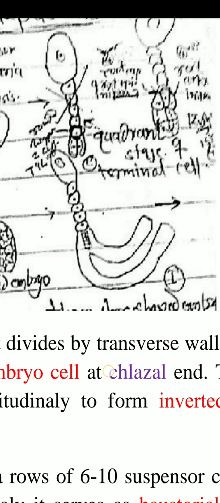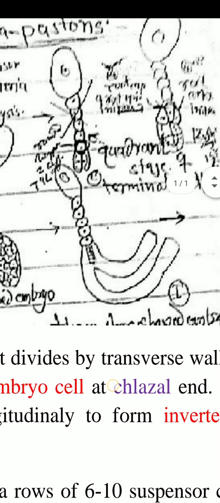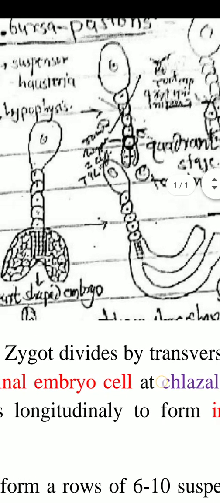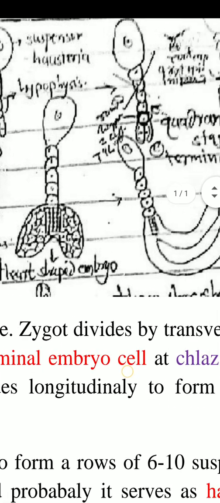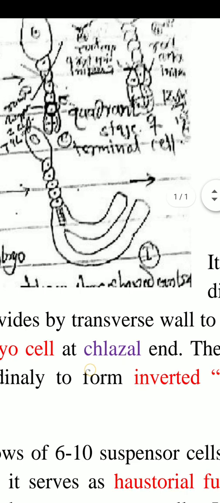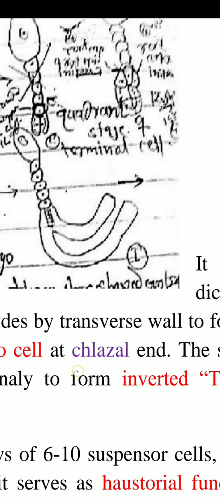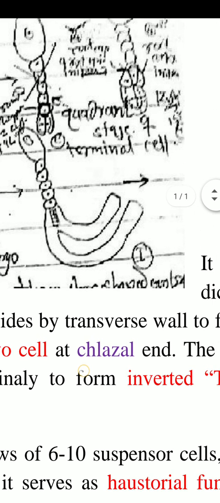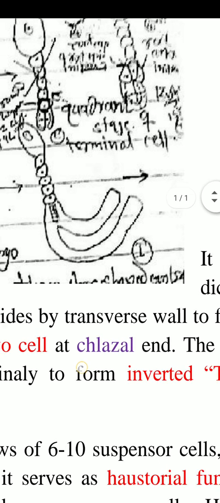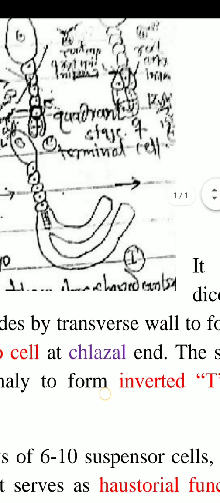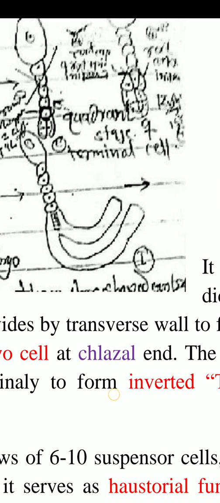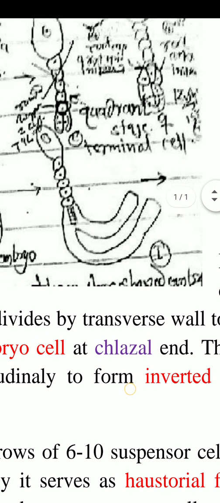Then some of the cells in the lower tier give rise to the initials of other cells, and the remaining cells stay as they are. Simultaneously, the T-shaped proembryo divides again two times longitudinally and forms the quadrant stage. In the next diagram we see the four-celled embryo developed. This is the four-celled quadrant, so it is called the quadrant stage.